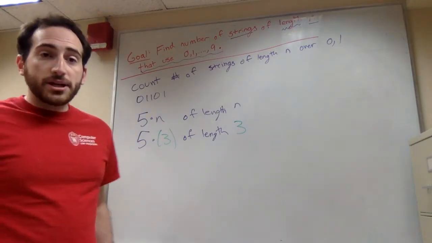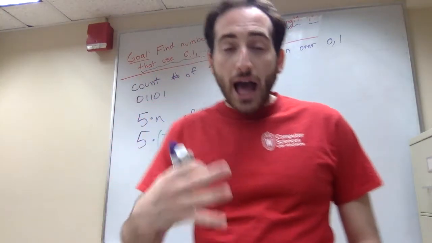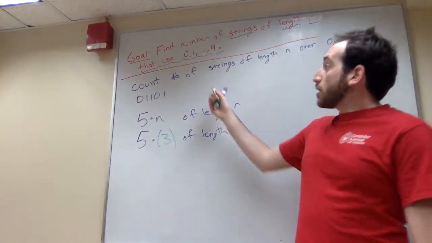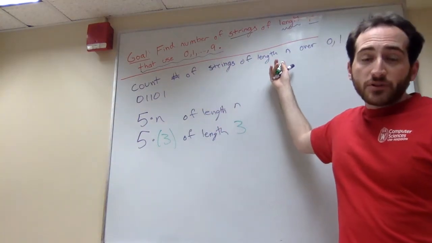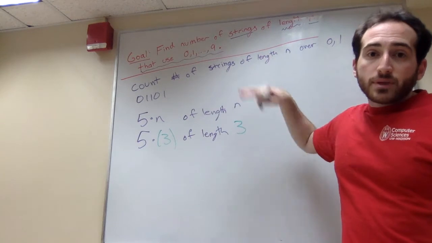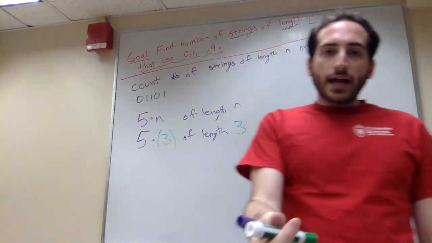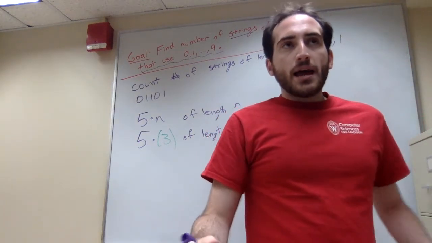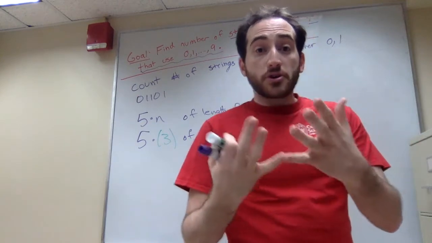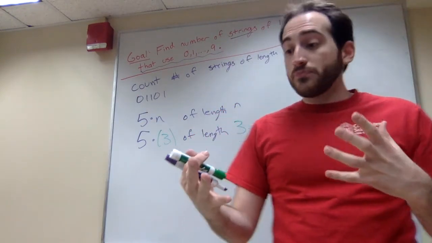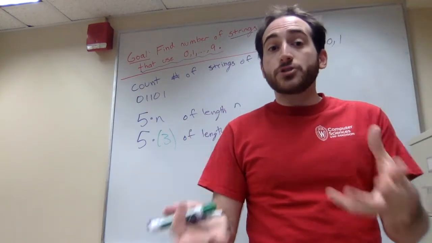So the idea is that we want to find a formula for this that is true for every value of n, because maybe I don't know right now all of the values I'm going to care about in the future. Maybe I'm designing a hard drive and I want to know how many strings of length 32 there are, because that's how many values of integers I can have.